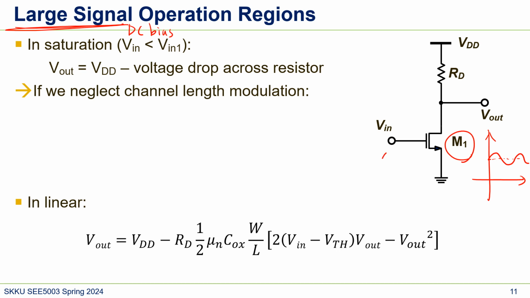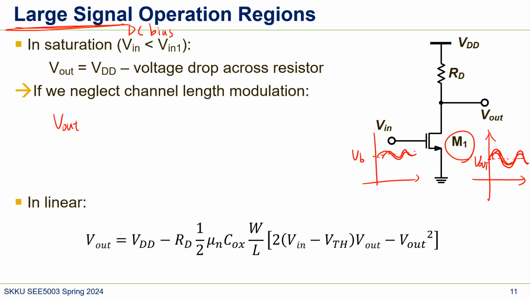If we apply a small signal V in, which also has its own DC bias, V bias, then V out will have a somewhat larger gain, but it also has its own bias voltage, right? This is what we call V out here, the large signal operation model.